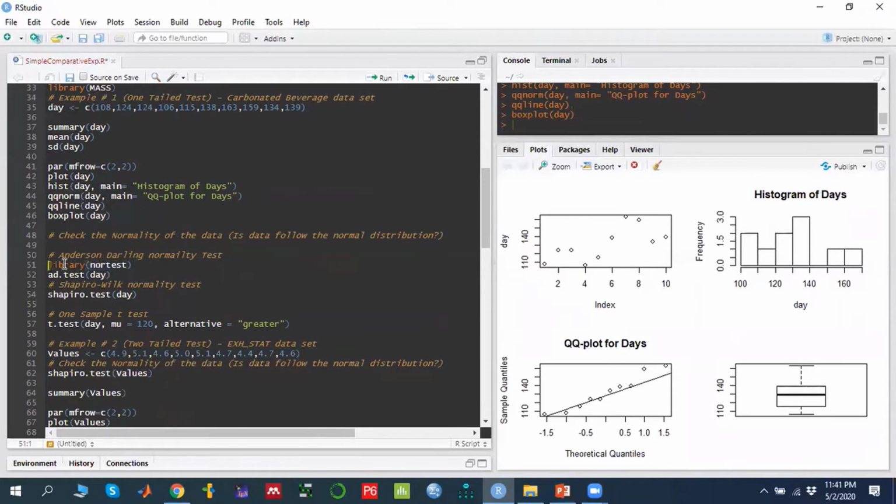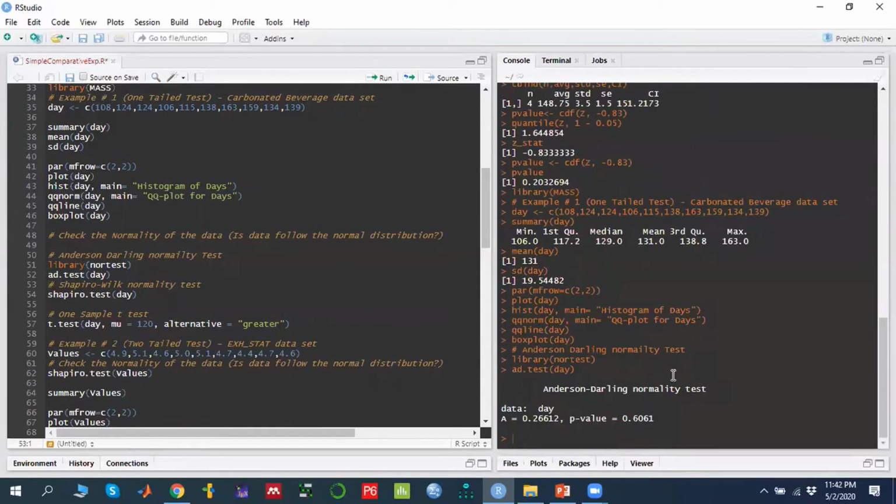You can install the package nortest, and once you install it, you can run library. The test I am going to apply is ad.test, that is the Anderson-Darling test.